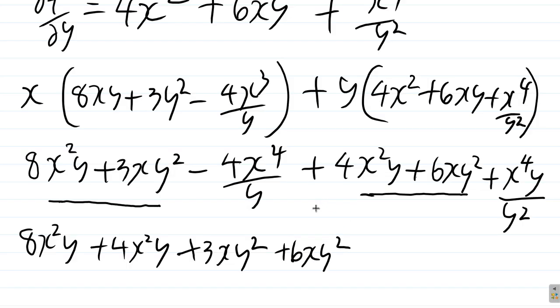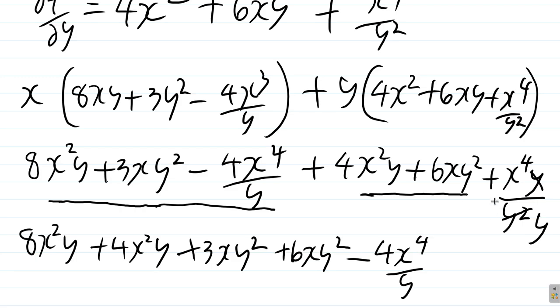What else happened here? Oh, guess what? Y into y squared was y. So we have a minus 4x to the 4th over y, and then plus x to the 4th over y. So we have all of those things there.